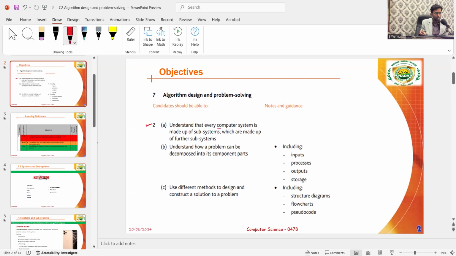When you have a single computer system, it is made up of many subsystems, which are then made up of further subsystems, right? That is the concept of decomposition and structure charts.